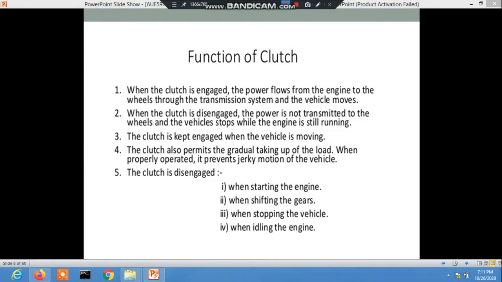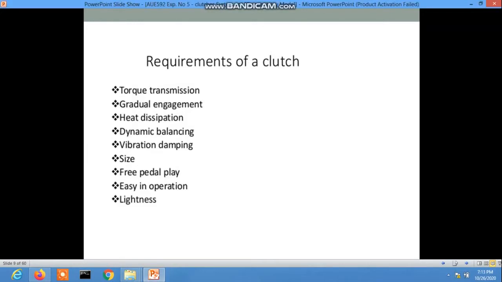Requirements of a clutch. There are some requirements of a clutch, like torque transmission. It must transmit drive smoothly with no slip and drag. Drag means it is not fully disengaged and the surfaces rub together, still transmitting some drive.